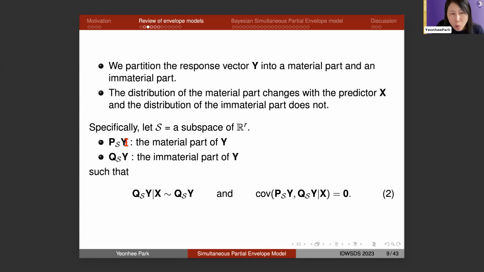Then PY and QY satisfying the two conditions in equation 2 are material part and immaterial part of Y.